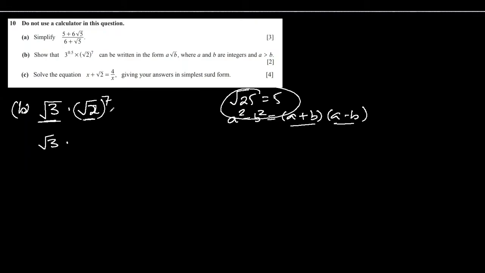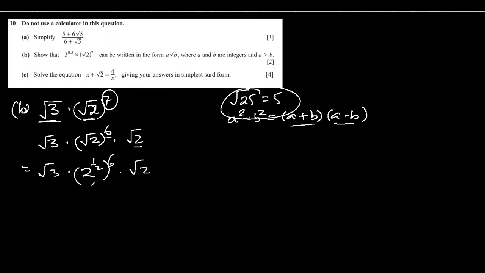We can factor this one because it is an exponent. So what can we do? We can write square root 2 to the power 6 and square root 2. What I did is separate 1 square root 2 from 7. So 6 are separate and 1 is separate. Together they are again 7. So square root 3, and this will be 2 to the power half because 6 square root 2.